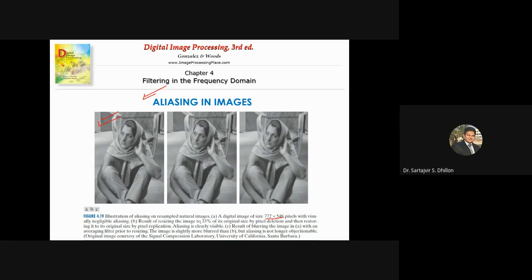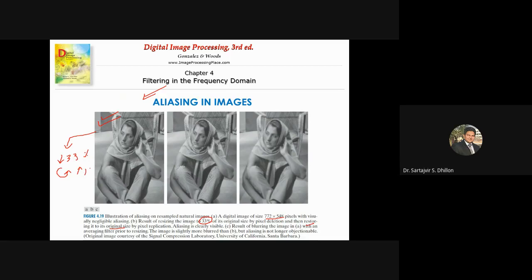Then we reduced this image to 33% and restored it back to its original size. Means figure A is first reduced to 33% quality, then recovered back, or we can say increased to its original size.